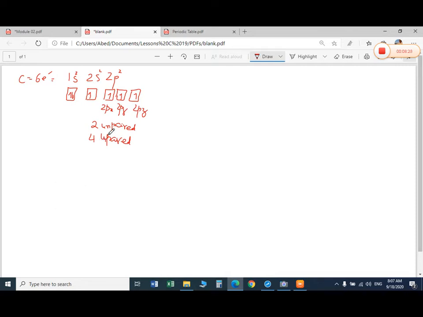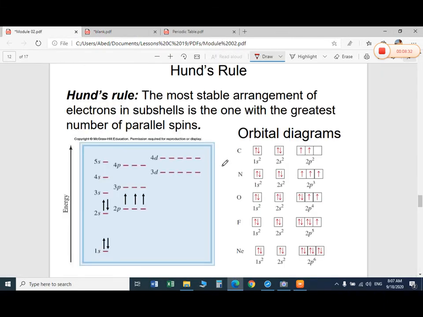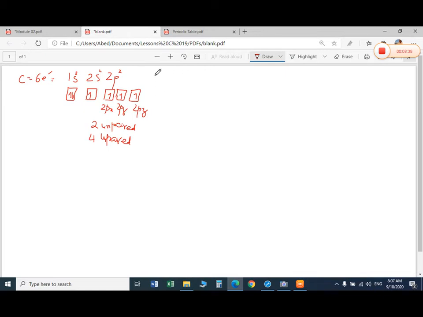Okay, now we take the example of, after the carbon, nitrogen. So nitrogen has 7 electrons, so let us draw this nitrogen also. So this will be 1s2, 2s2 and 2p3, so total 7.